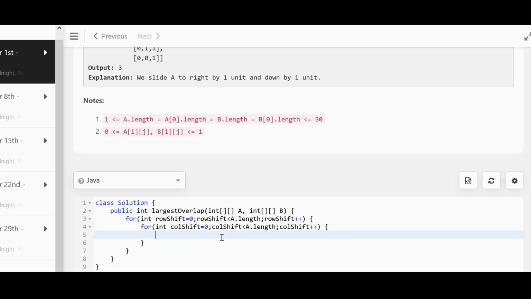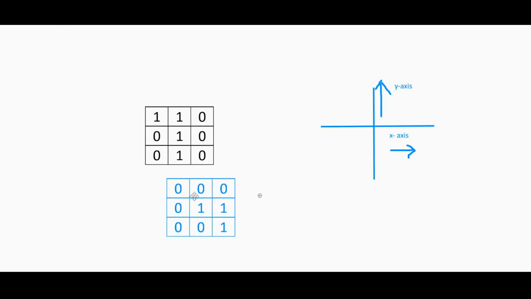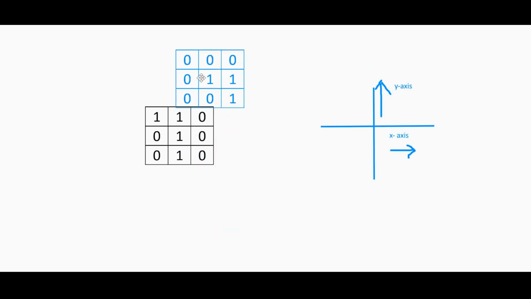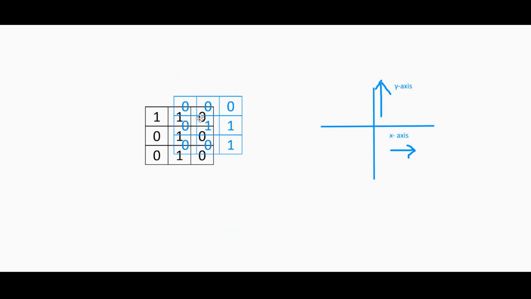Now after this I need to go over the blue matrix rows and columns. But in the blue matrix, if the blue matrix is overlapping like this, we need to cover only the overlap section, the overlap area. We need not cover the non-overlapping areas. For example, here it's column 1.